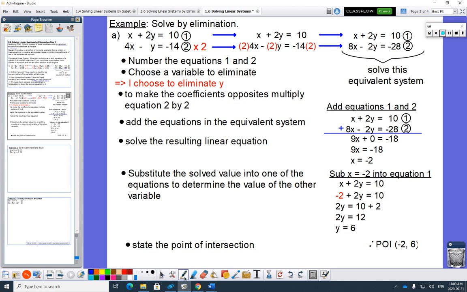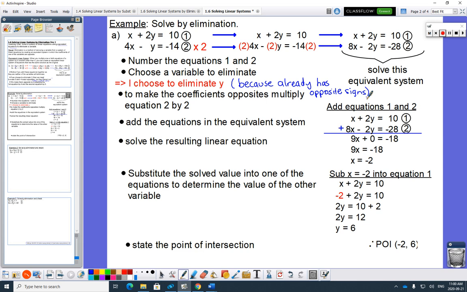So choose whichever variable you want. In this case, I chose to eliminate y. Because x already has opposite signs, you can certainly choose x. It doesn't matter.